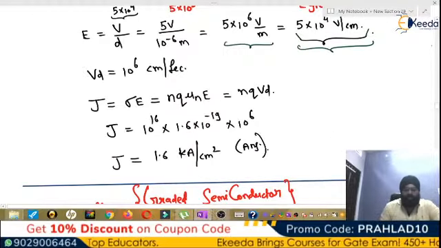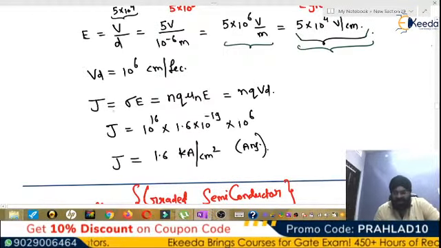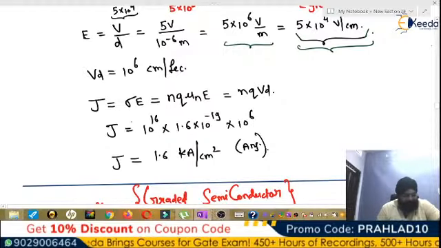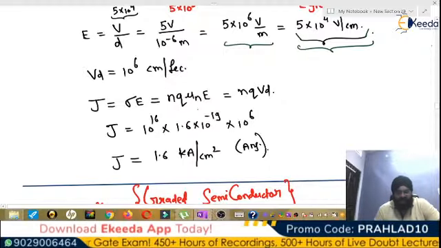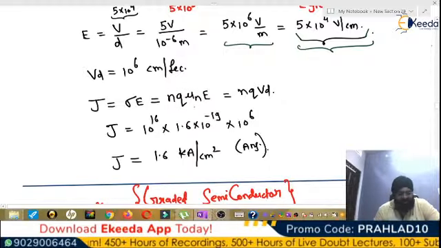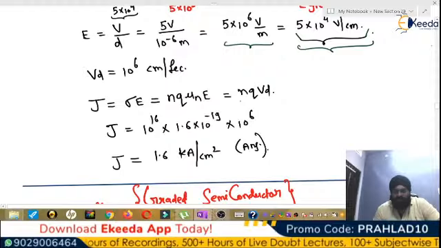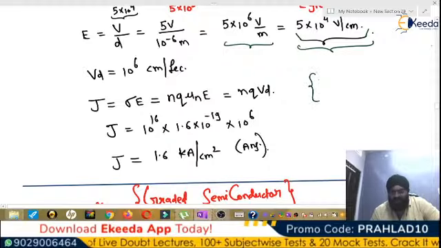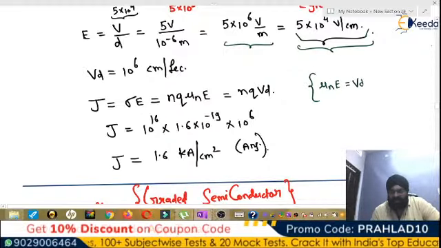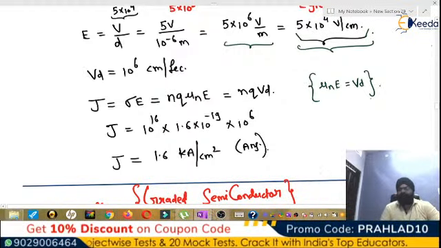Okay, so the formula of J, the drift current density, is sigma into E, and sigma is NQ mu n, so J is NQ mu n into E. So it is NQ into VD, because mu n into E is the drift velocity.